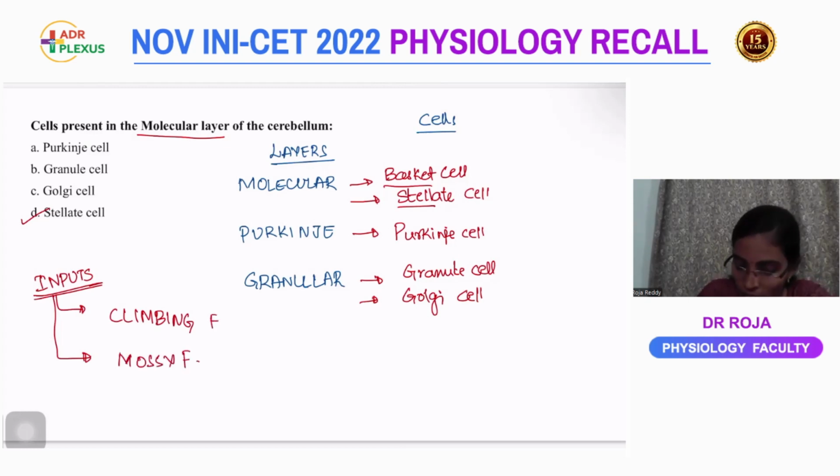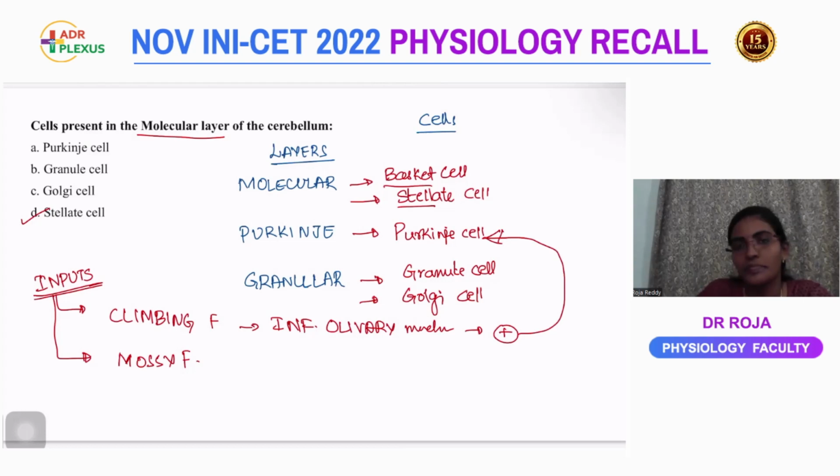Okay, now where are these climbing fibers coming from? They are coming from the inferior olivary nucleus, right? And they will stimulate the Purkinje cell. They have the excitatory connections or the synapse with the Purkinje cell.